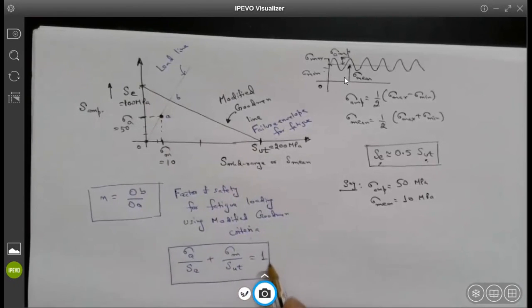If you have to calculate the factor of safety, you can have n multiplied with those stresses, and that gives the factor of safety as n sigma A divided by SE plus sigma M divided by SUT equals 1 by n. N is your factor of safety. Let me know if it makes sense, guys.